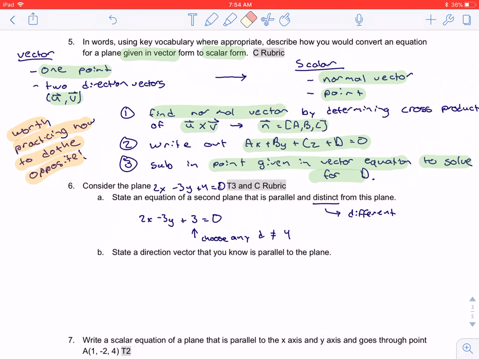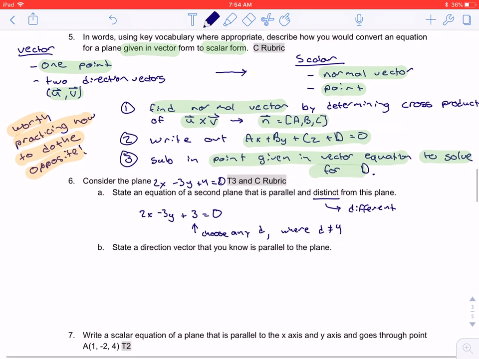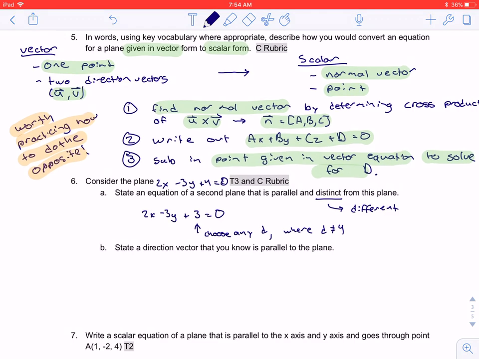Let me make that a bit clearer. You could choose any d where d does not equal 4. Then it says state a direction vector that you know is parallel to the plane. To get a direction vector, I have my normal vector, and there are 2 ways I could do this.